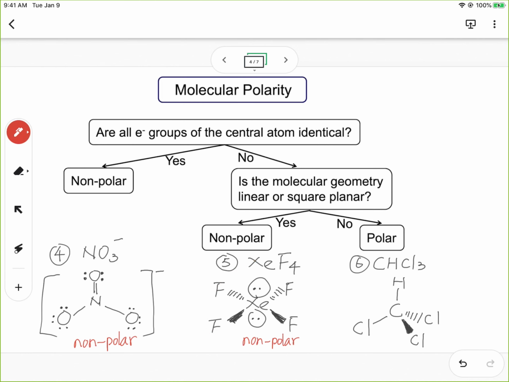All right, the last one in this topic, CHCl3, chloroform. Well, you have a geometry like this. First question, are all electron groups of the central atom identical? Well, if you look at this, you have a C-H bond and three C-Cl bonds. At first look, it will tell you, okay, all 4 of them are single bonds, so they are identical. But be careful about the atoms.